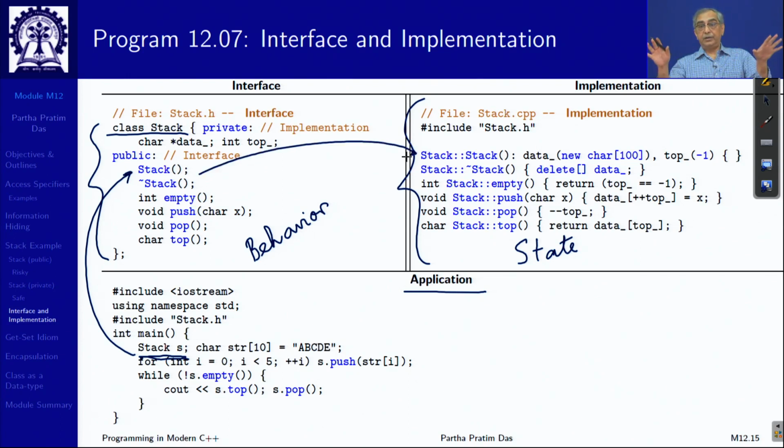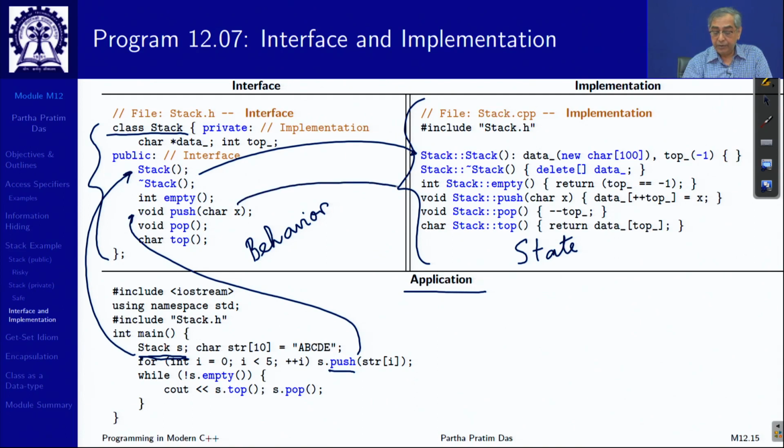The construction process will get done, the object will get ready with the array dynamically created and the top initialized to -1. Then as I do push, it knows the interface. So, it is calling as if here, which actually calls this function, which makes changes to the state to push the element to the stack S, and keeps on doing that.